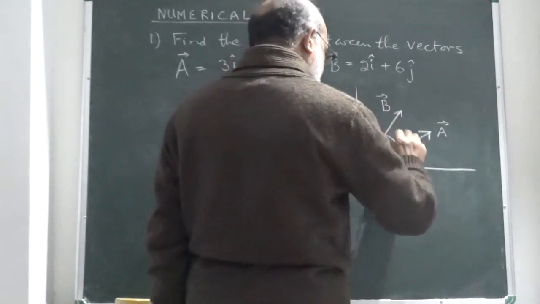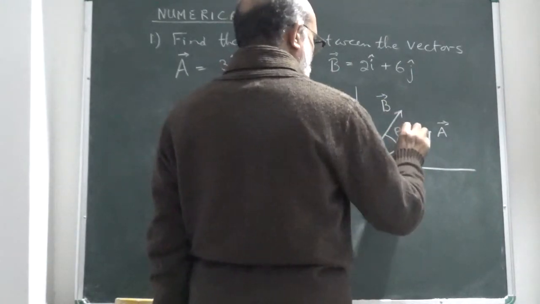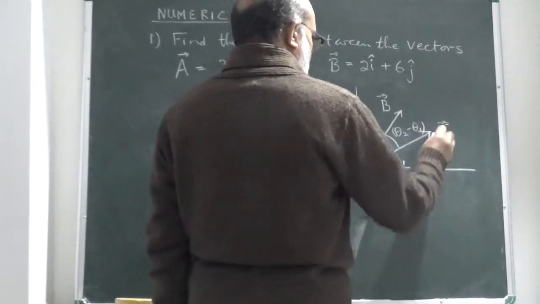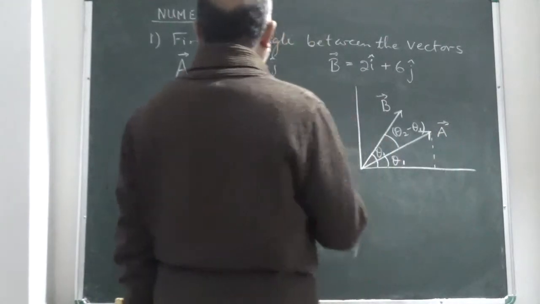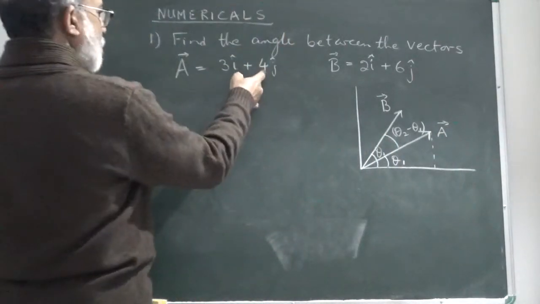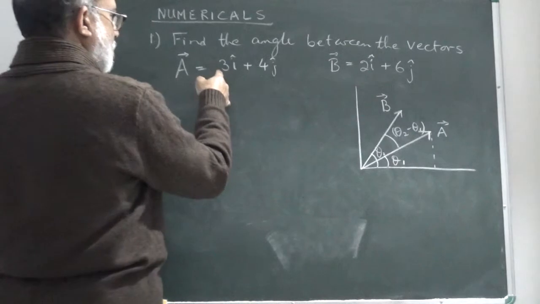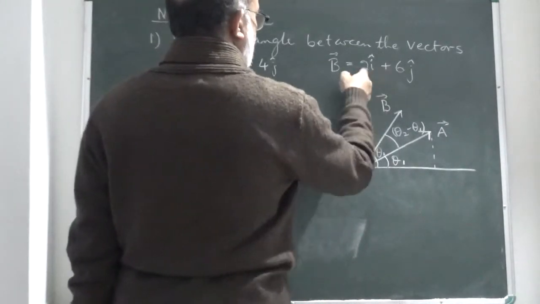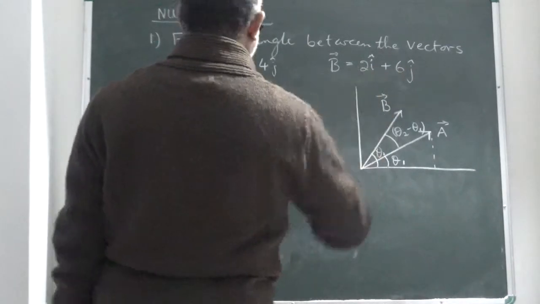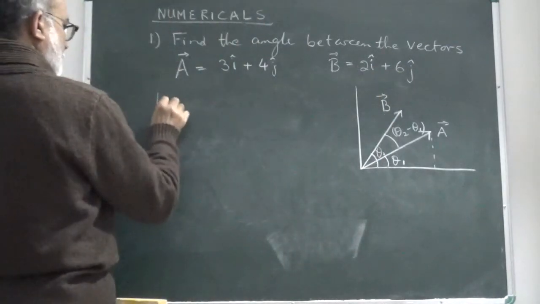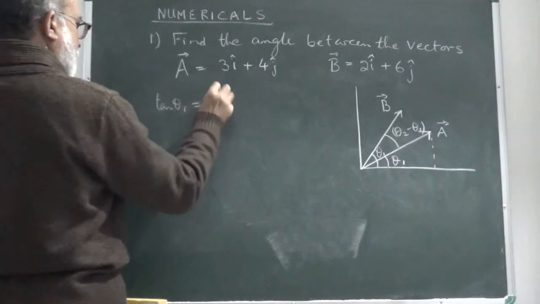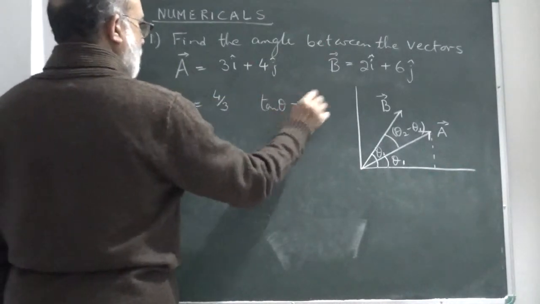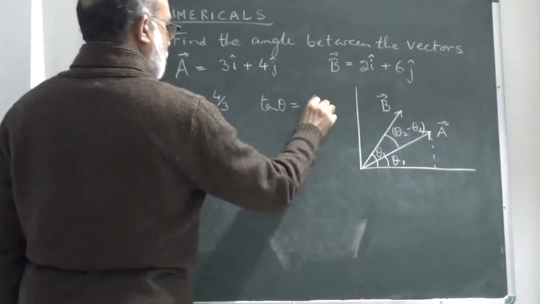So the angle between the vectors is theta 2 minus theta 1. And tan theta is given by ay by ax, so tan theta 1 is 4 by 3. Similarly, tan theta 2 will be by by bx, which is 6 by 2.